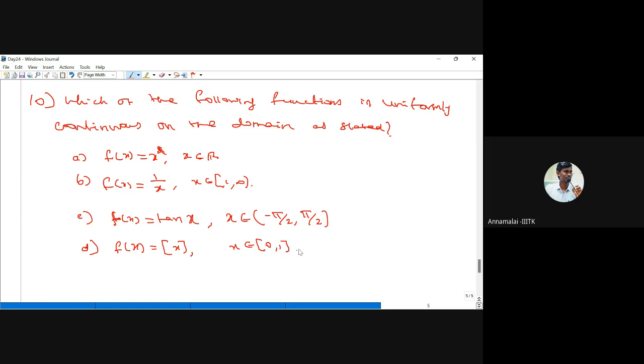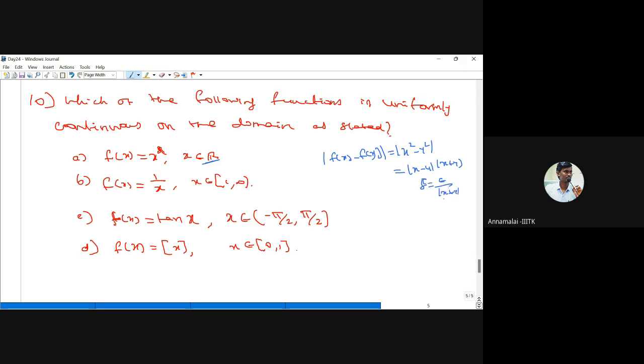Now look at the first option. Actually, f of x equal to x square is a continuous function, but not uniformly continuous on the entire R, because we cannot get f of x minus f of y strictly less than epsilon. This is modulus of x square minus y square, which gives mod x minus y into mod x plus y. You can choose delta as epsilon by x plus y.